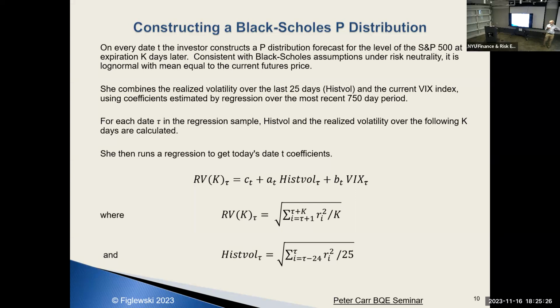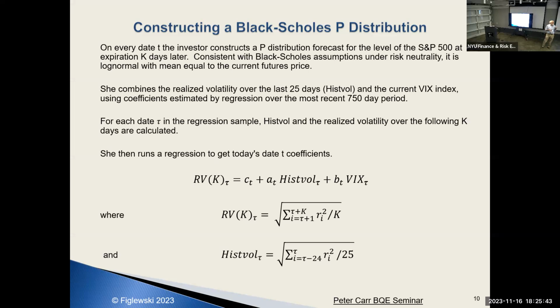But I also know that the VIX has a lot of information about volatility that's not included in historical volatility. So standing here today, I want to forecast volatility between now and the third Friday of the month of December, which is about 30 days from now.